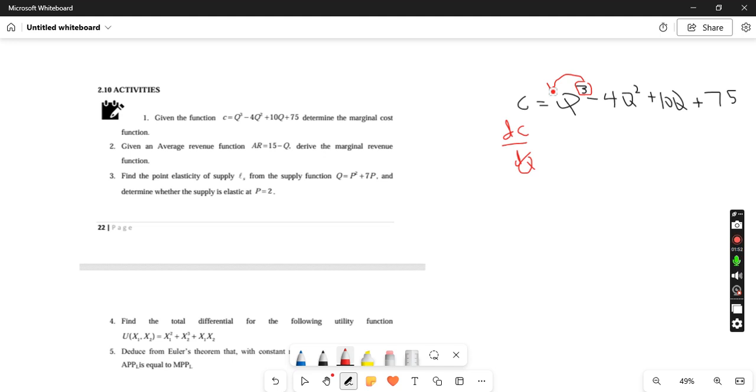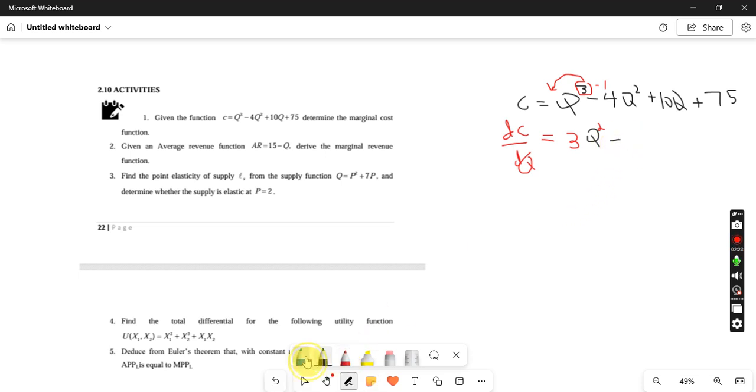If a letter hasn't got any number, assume that number is 1. So Q cubed is like 1Q cubed. So 3 times 1 is 3, and you put Q. And always remember, as you derive, you subtract 1 from the power. So 3 minus 1 is 2: 3Q squared.